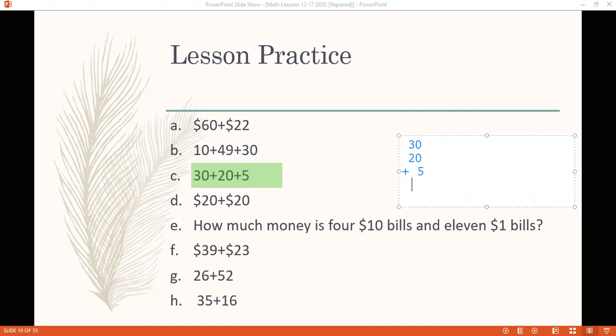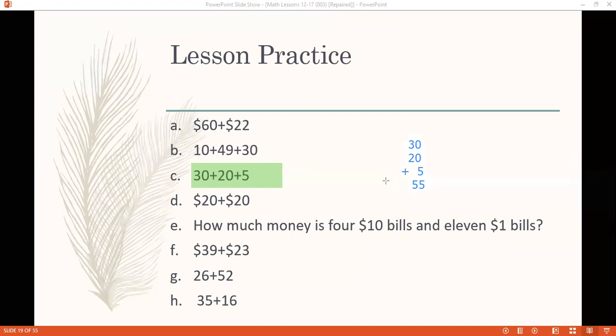And under our ones place value, 0 plus 0 plus 5 equals 5. And moving up to our tens place, 3 plus 2 equals 5.